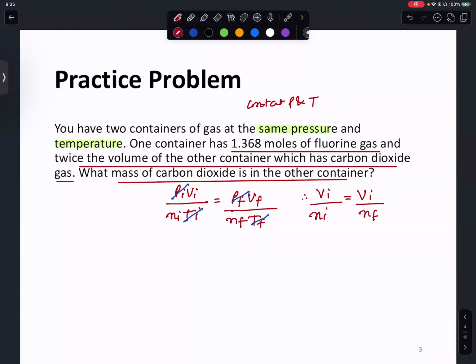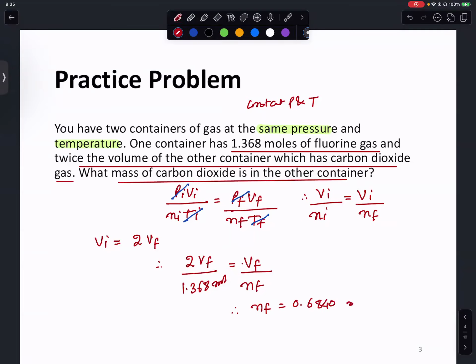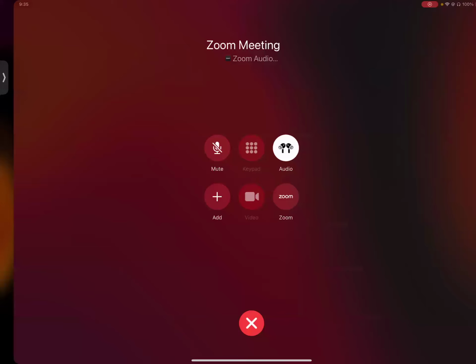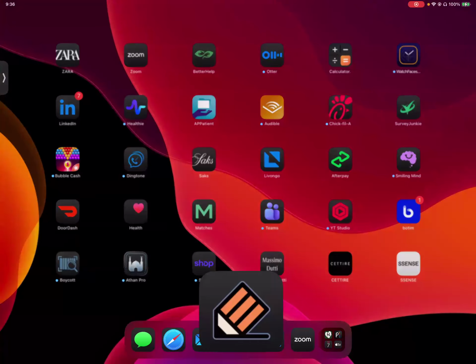In this case, I can say that the initial volume equals twice the final, therefore 2VF over 1.368 moles equals VF over n final. Therefore, n final equals 0.6840 moles of CO2.